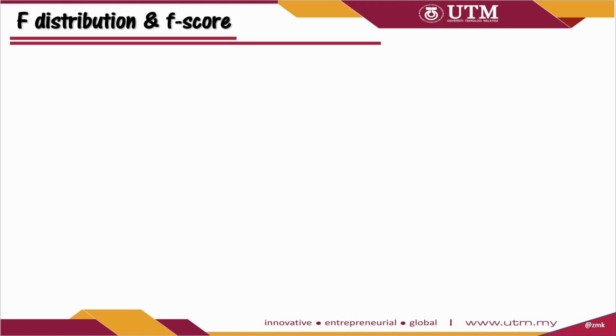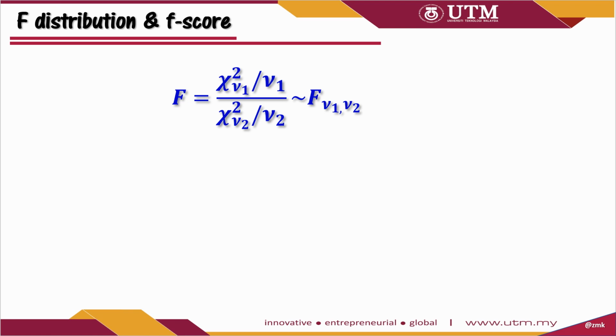If we have two independent chi-square random variables with degrees of freedom nu1 and nu2 respectively, then the ratio of these two independent chi-square variables, each divided by their respective degrees of freedom, is said to have an F distribution with nu1 and nu2 degrees of freedom.